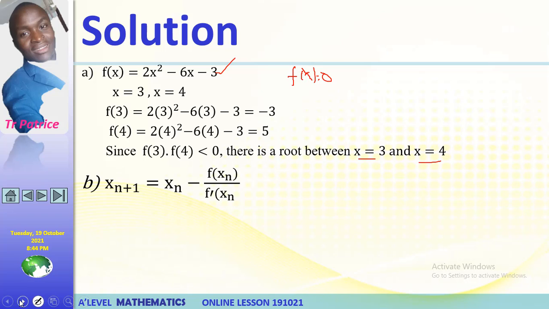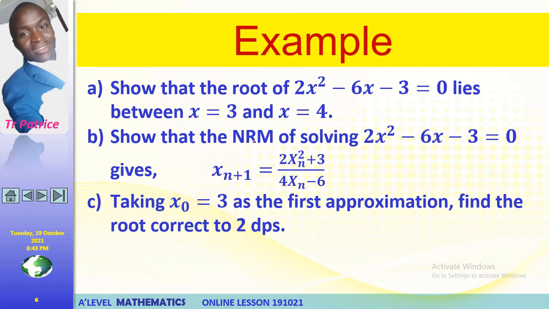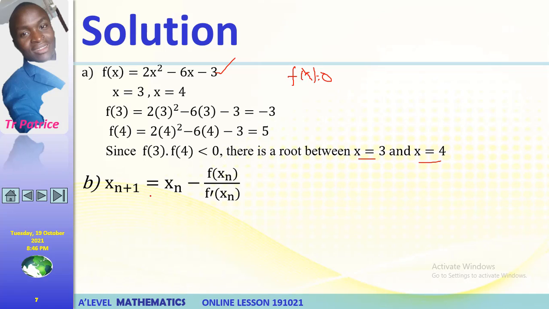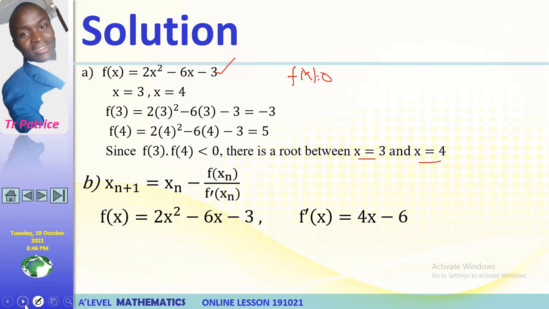We are required to prove that the Newton-Raphson method for finding the root of this equation is given by this. But remember, in the previous slides, we have our formula here. We shall use our formula, xn plus 1 equals xn minus f of xn over the derivative of f of xn. We have our f of x as 2x squared minus 6x minus 3.